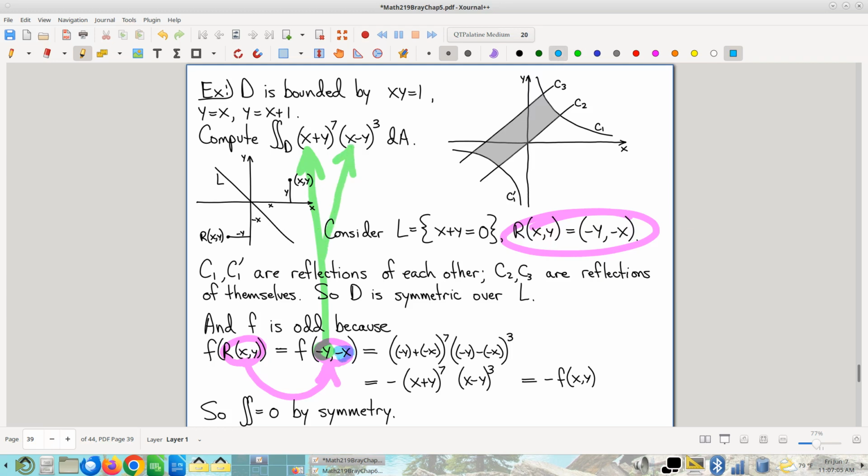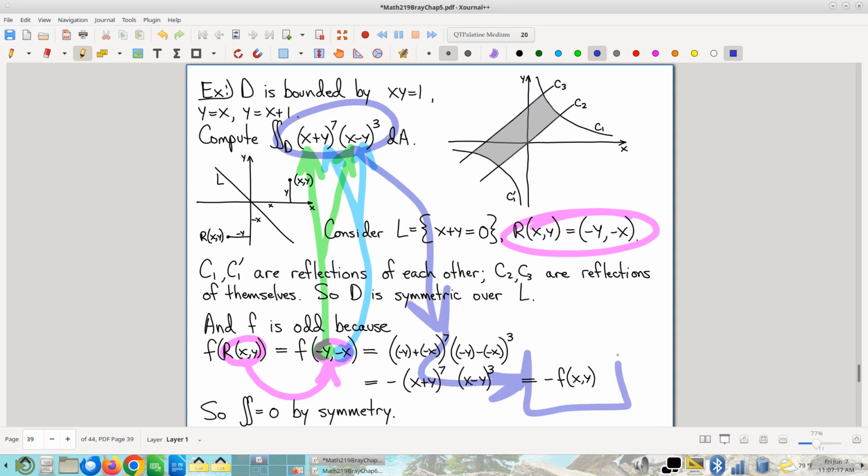The second coordinate becomes negative x, and you plug all that in, and this function turns into that, which in fact, as required, gives you the minus sign that you need. Okay. All right, and all the rest of the stuff is details that you're not responsible for per the policy that I outlined last time.